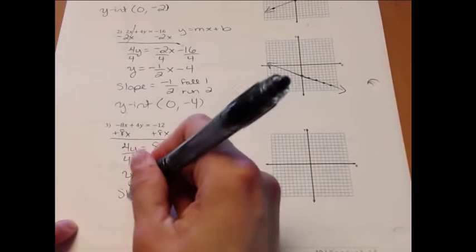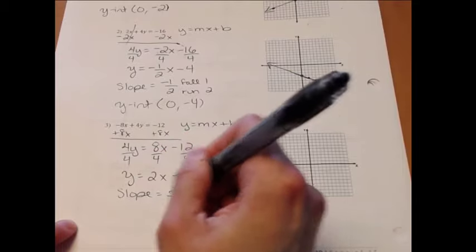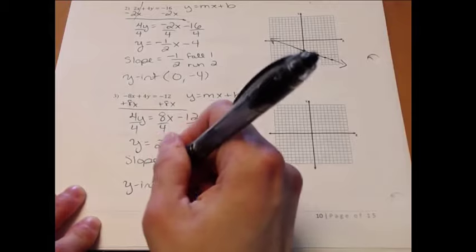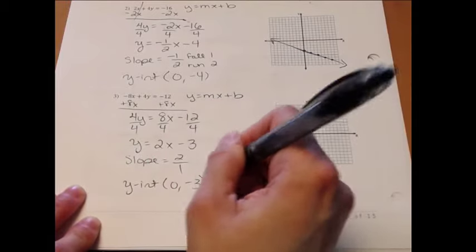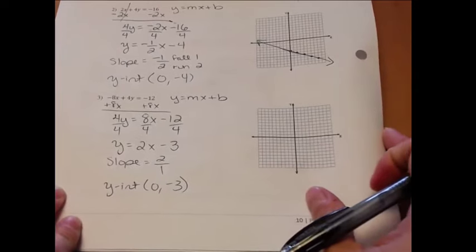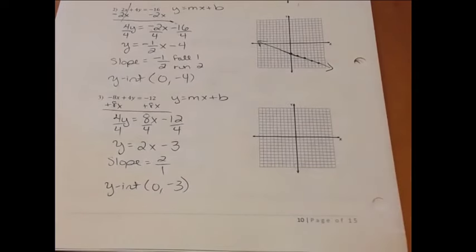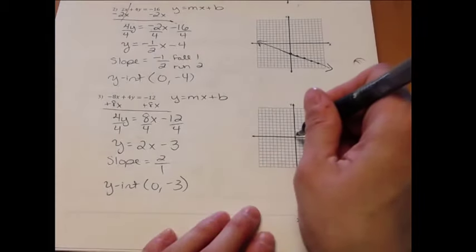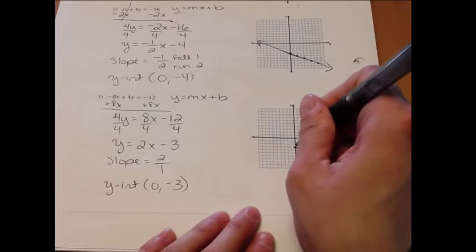If you said that the slope was 2 over 1 and that the y-intercept was (0, negative 3), then you are perfectly correct. Excellent job, Brittany and Christina. Nicely done. Now we're going to plot the point (0, negative 3): 0, negative 1, 2, 3.